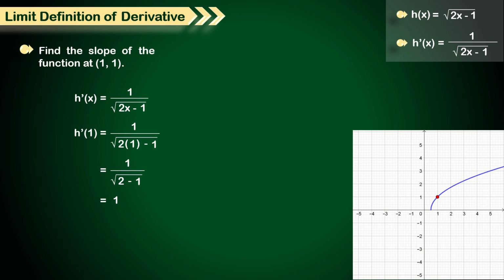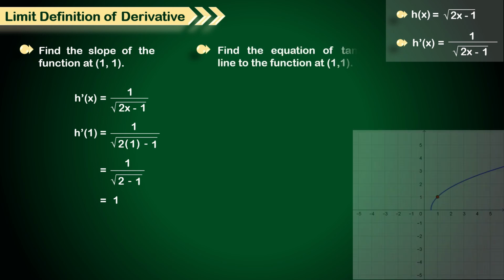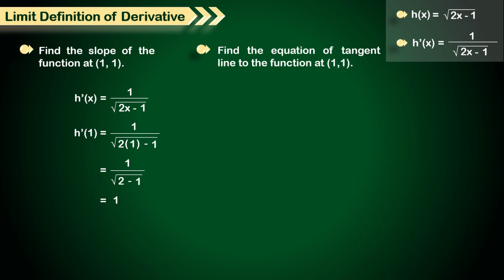On the same point, find an equation of the tangent line to the function at (1, 1). Substitute values into the point-slope form. We have y minus the y coordinate, which is 1, is equal to the slope, which is 1, multiplied by x minus the x coordinate, which is 1.